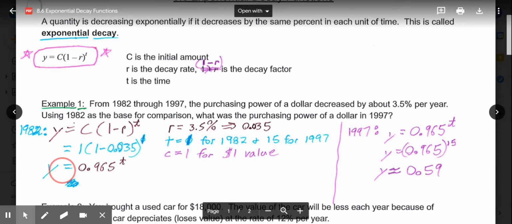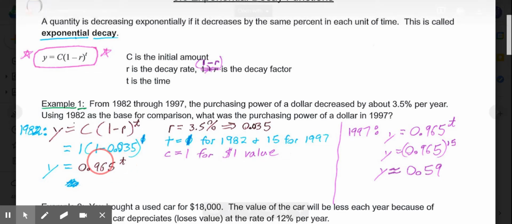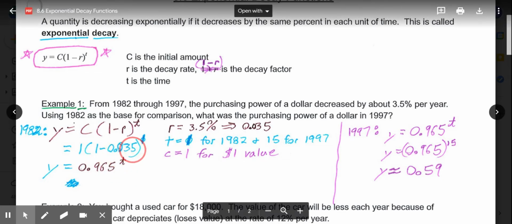So our final model would simply be 0.965 to the t, because 1 minus 0.035 is 0.965, and anything times the 1 on the outside is just itself.